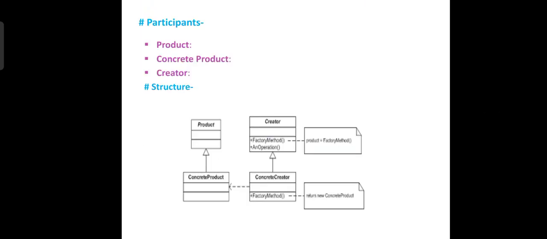There are three participants which are involved in the factory method. First one is product, which defines the interface of objects the factory method creates. Second one is concrete product, which is used to implement the product's interface. And third one is creator. The creator declares a factory method which returns an object of type product, and it also defines a default implementation of the factory method that returns a default concrete product object.